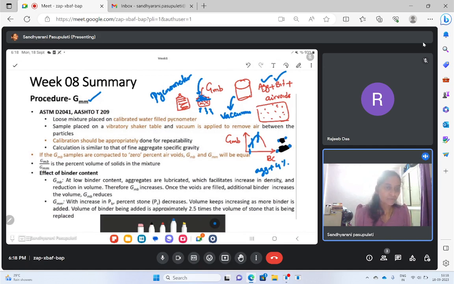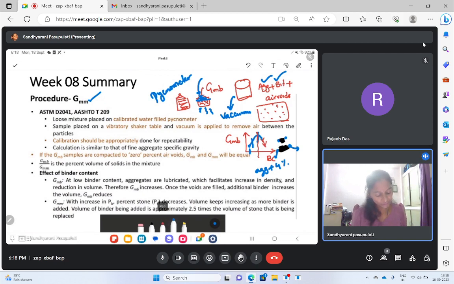Usually bitumen's work is to make the aggregate particles come closer and also make the compaction easier. But here if you keep adding more bitumen, it will separate the aggregate particles to a far distance. So then what happens? It will not get compacted well, thereby the density starts decreasing. So after a particular amount of bitumen content, you can see that the GMB would be decreasing.